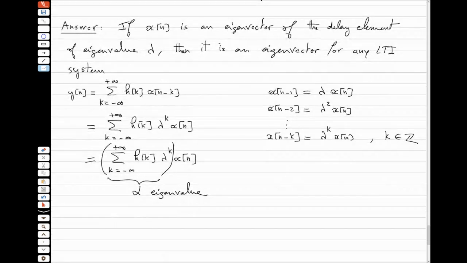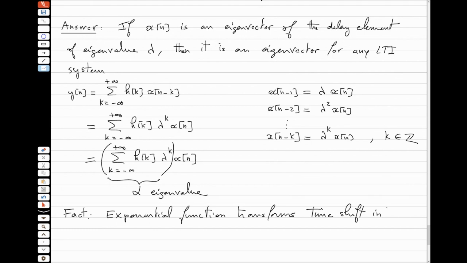All right, so what is the important thing here? In fact, what's happening is that the shift has been replaced by scaling because the exponential function transforms time shift into scaling.